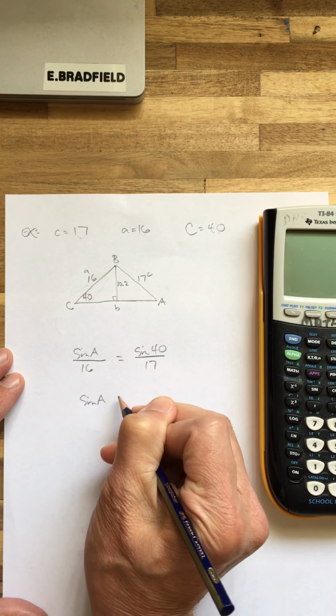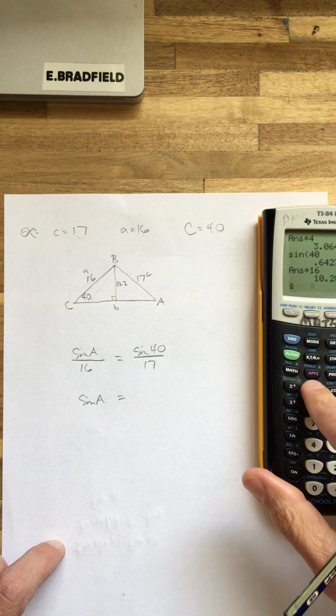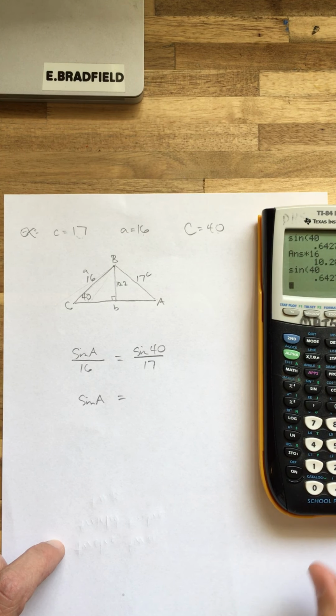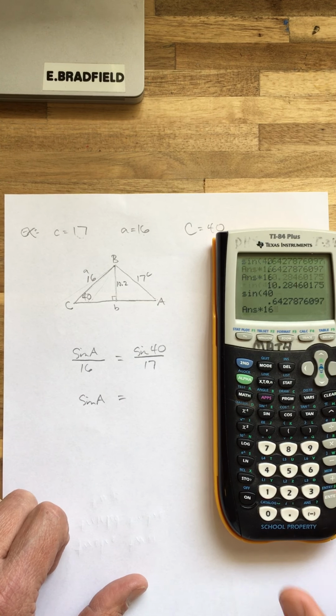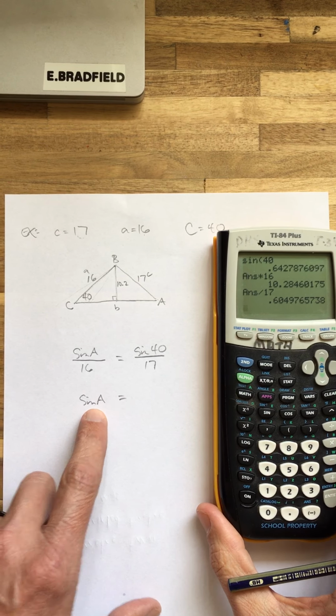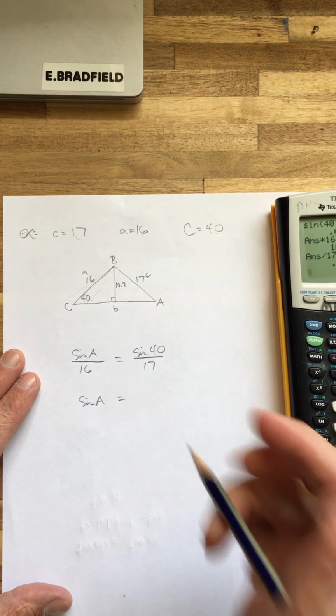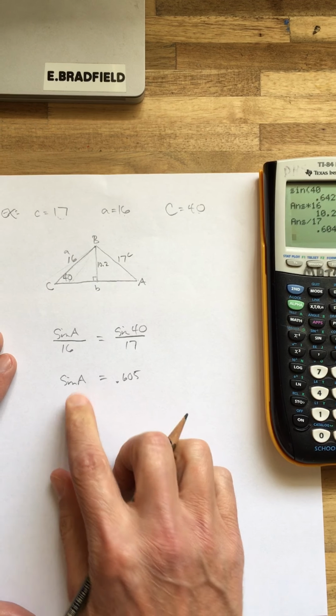Sine of A equals, multiply the 16 over to the sine of 40. So I'm going to go sine of 40, multiply that by my 16, and then divide by 17. So the sine of angle A equals 0.605. Now I want to solve for A.